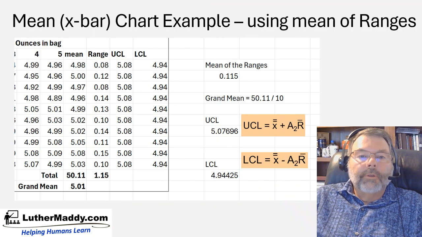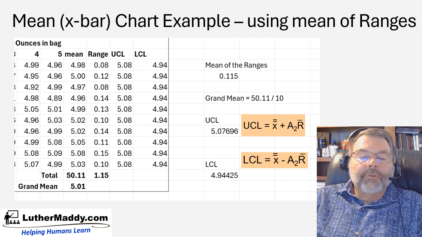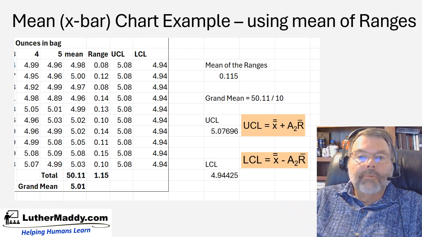Using the example in this case, I've also computed the range, and in Excel I've just used the max minus the min, so we end up with the range of each of the different days. For day one, the range was 0.08. Once I've got that, I'm going to create an average, or a mean, of the ranges of 0.115.